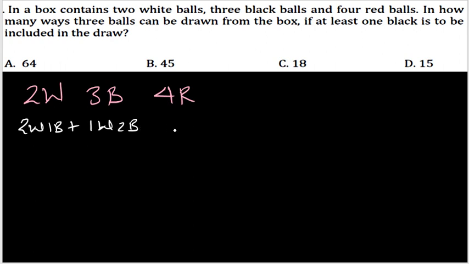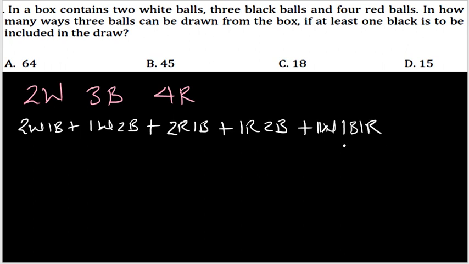This is a combination with white. With red, 2 red and 1 black, again it's okay, plus 1 red and 2 black, it's okay. The other possibility, 1 white, 1 black and 1 red also, it's okay.